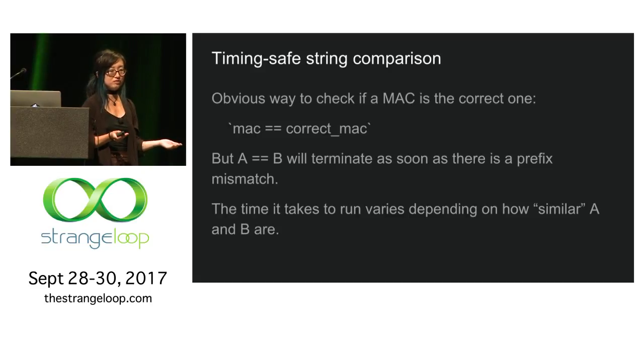For instance, if MAC starts with A and correct MAC starts with B, then the function says, oh, these don't match. Obviously the entire string isn't going to match, so we're just going to stop here. But if they have a longer prefix in common, then the function will run for a longer time. So the time it takes to run this varies depending on how similar A and B are.